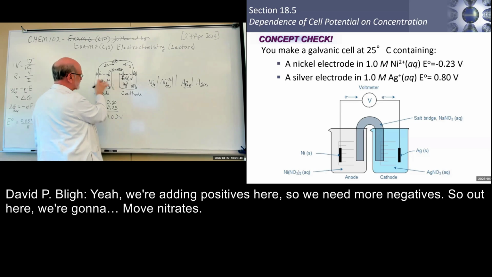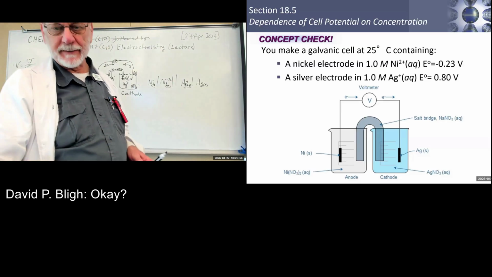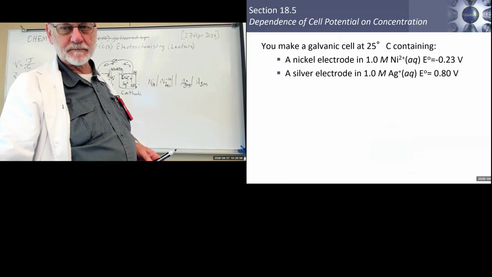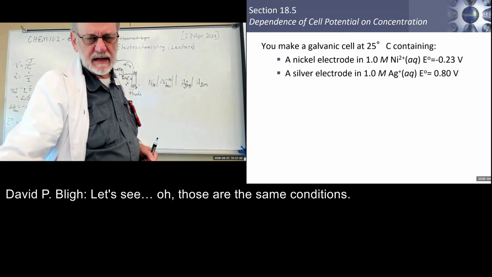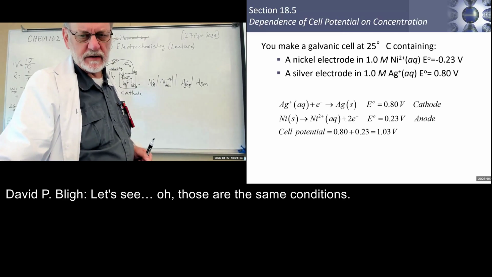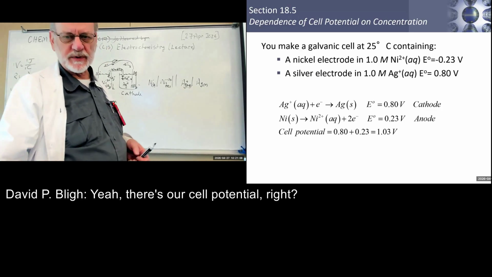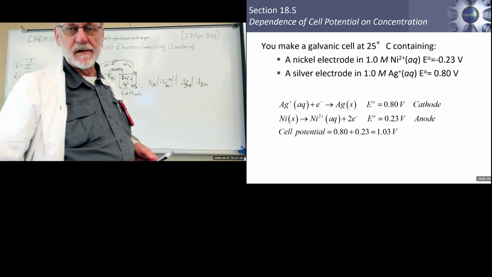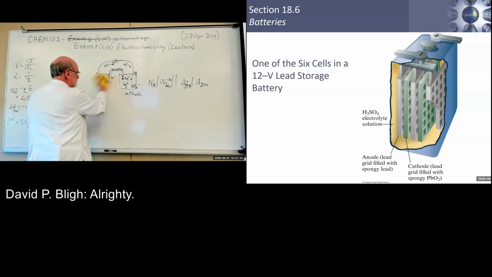Yeah, we're adding positives here, so we need more negatives. So out here, we're going to move nitrates. Okay. Oh, those are the same conditions. Yeah, there's our cell potential, right? Okay. All righty.